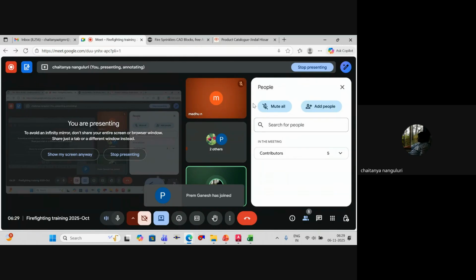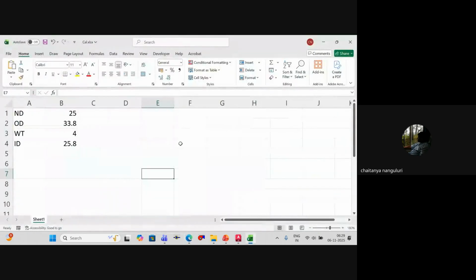Yeah, Madhu, you were asking me something. What should be the minimum pressure at any given point of a sprinkler in a building? The minimum pressure we take is around 1.2 kgs, I guess 12 psi is what we take.